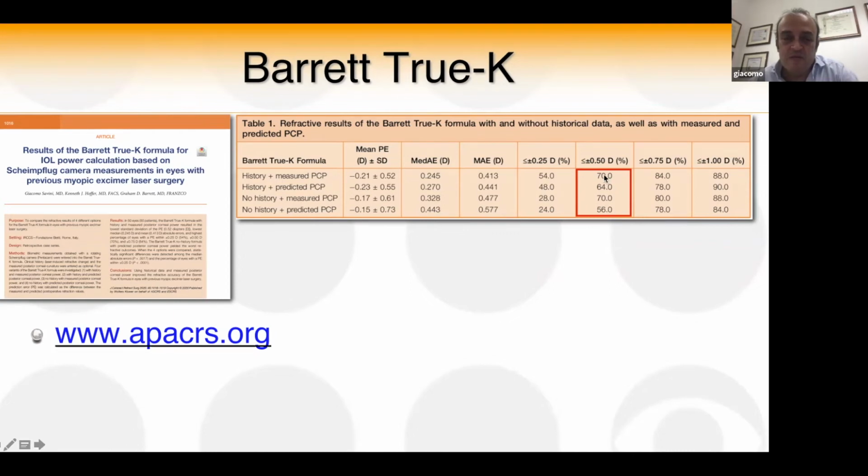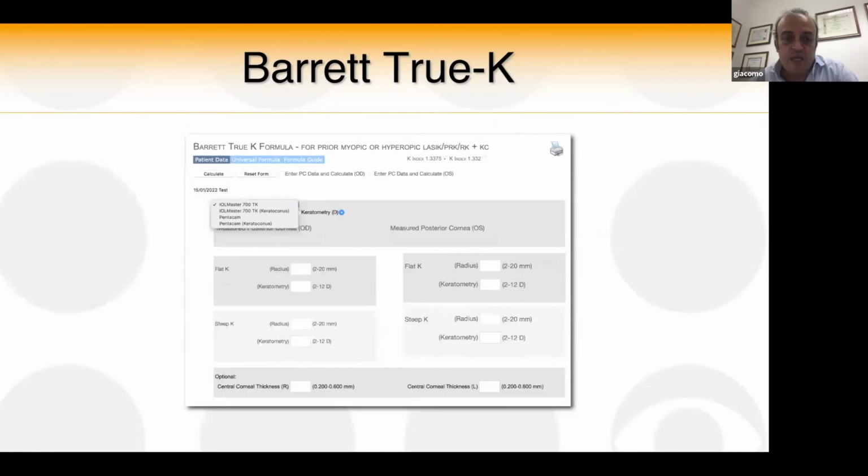So you know that when you go to apacrs.org, you have the opportunity to enter all this data. And the more information you add into the calculation for the Barrett, the better outcome you can receive. For example, you can enter the posterior surface, the posterior power.